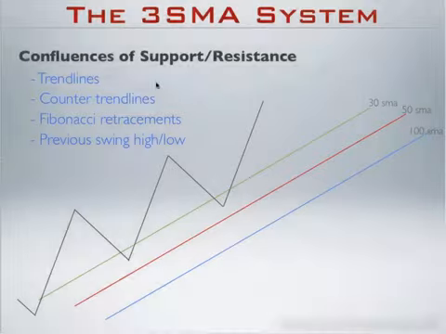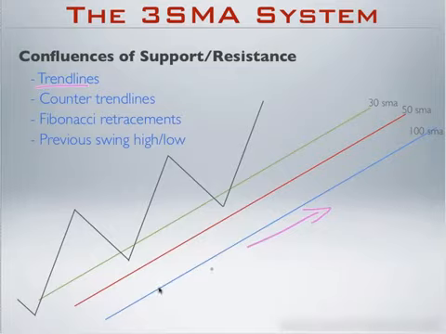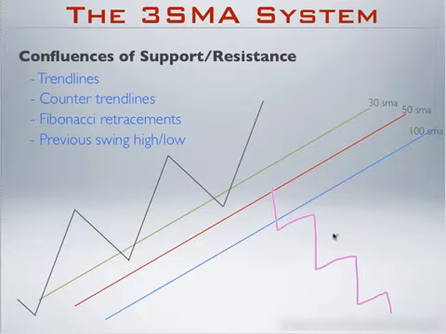Trend lines: you draw trend lines in an uptrend by linking the different swing lows within that trend. Obviously, if we were downtrending, you would draw your trend lines by linking the different swing highs. Linking swing highs, you have one trend line there, then you can draw this one there.